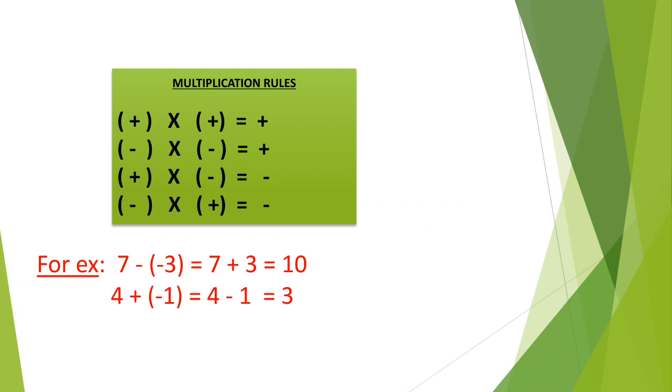In case we multiply a positive number with a negative number, or a negative number multiply a positive number, we will get a negative integer. Listen, when we are multiplying two positive numbers or two negative numbers, we will get a positive integer. It's the opposite when we are multiplying one positive integer and one negative integer, we will get a negative integer.